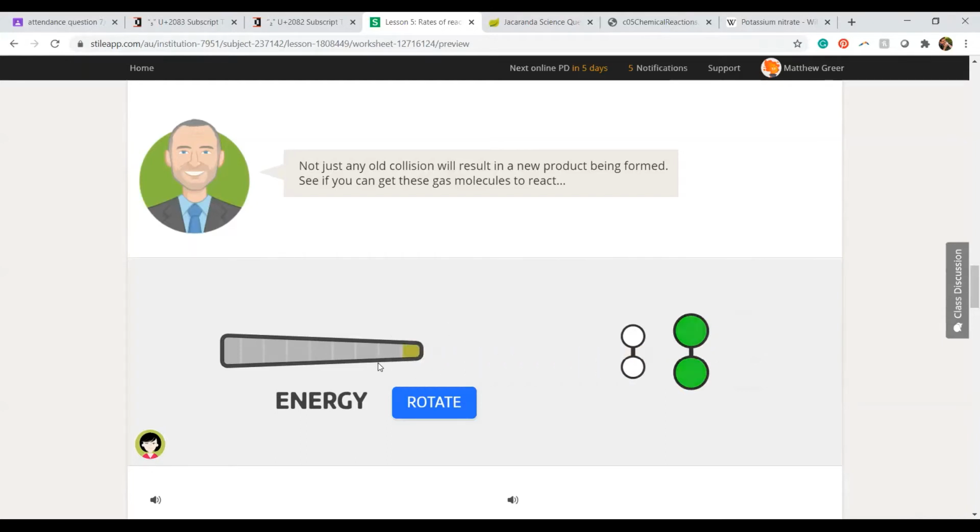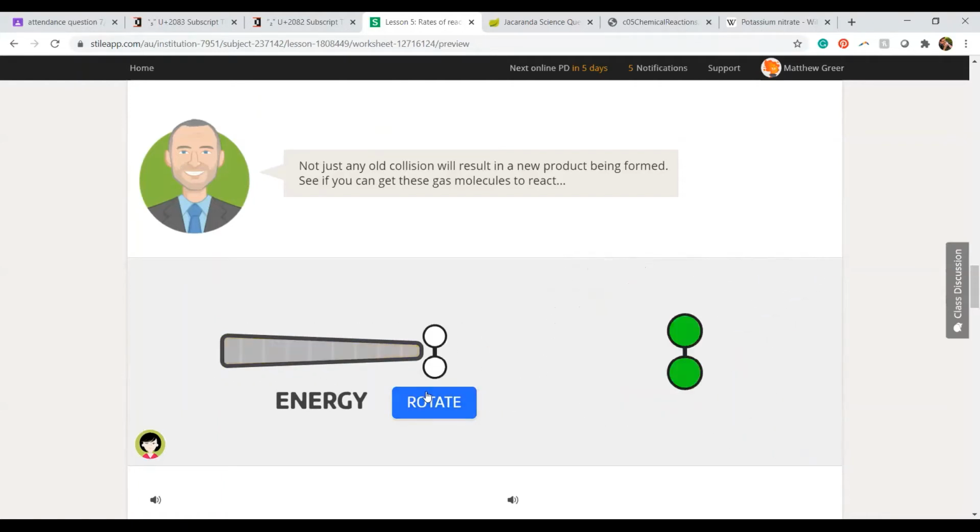The only way that I can get a reaction to work is if I give it enough energy. I wonder if this will work. No, not even that will work. It needs to have enough energy to break the bonds and form new molecules. So I need to break the bonds in both of them and form new molecules.